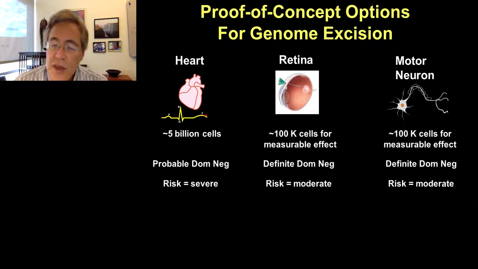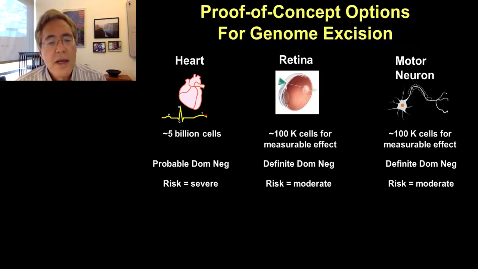Certainly the heart is a very important organ, and the diseases there are ones that we would like to address. However, there are 5 billion cells in the heart, and the genetics of the disease are not as well understood as in the other organs. And the risk of potentially having an adverse effect if one were to treat the heart is much more severe. So for proof of concept studies, it's less than ideal.